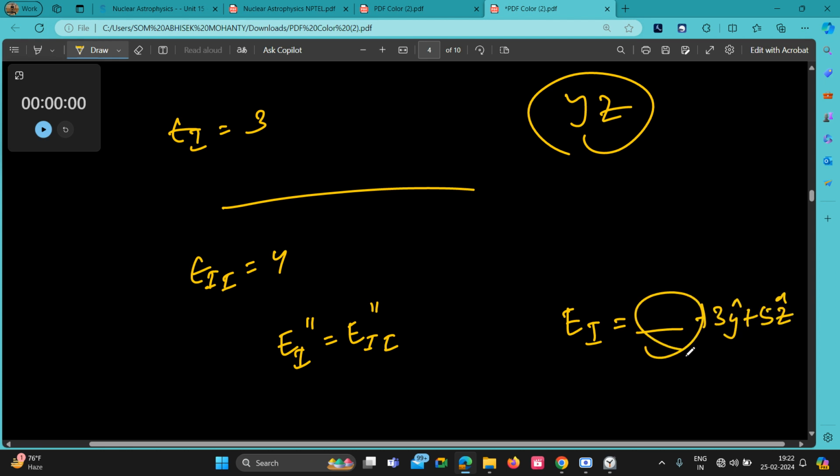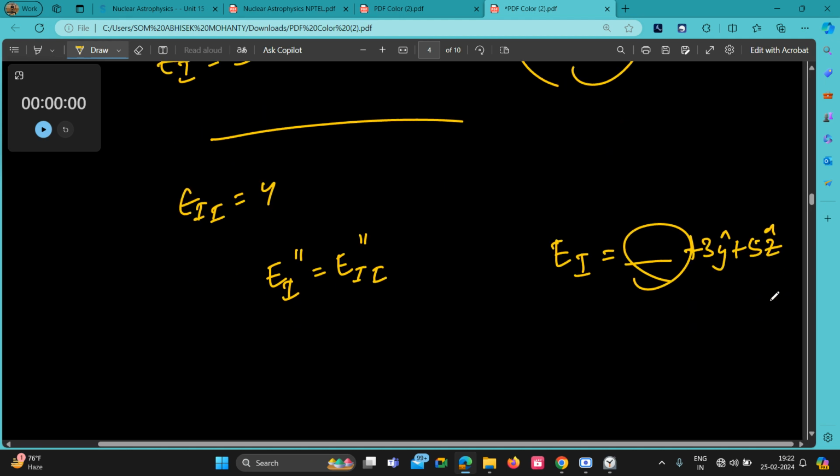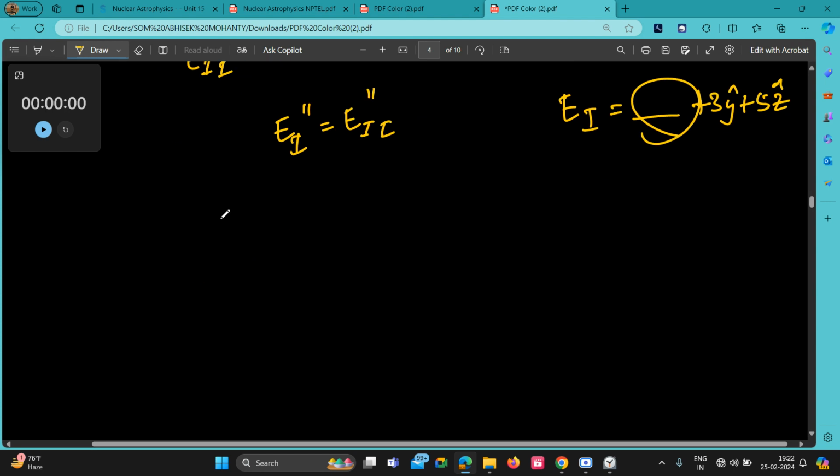What we need is your x cap. So for x cap, I will use the formula. This is the perpendicular component, right? Because for the yz plane, x is the perpendicular component. E2 perpendicular is equal to epsilon 1 by epsilon 2 times E1 perpendicular. Just remember this formula.